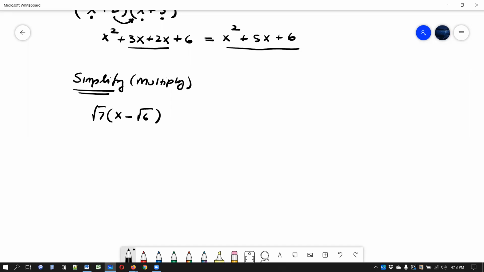Okay, so this is the first type where I am going to do just that. And keep in mind, there is an invisible 1 outside of the radical if you don't see it. So this does not multiply the 7 because it's not inside of the radical. It multiplies the 1. So I have 1x, or just x, radical 7, minus.